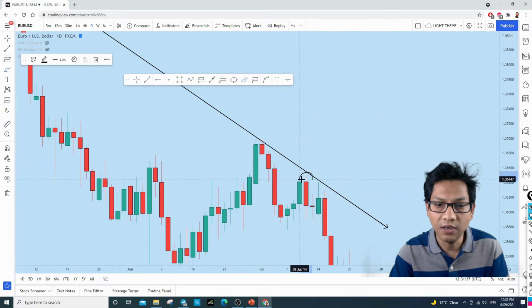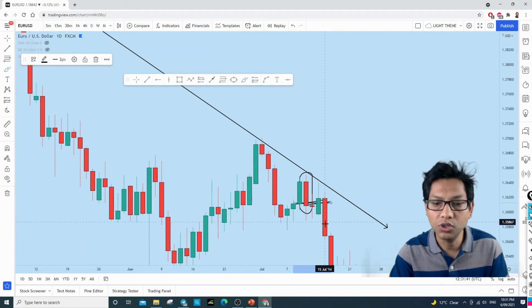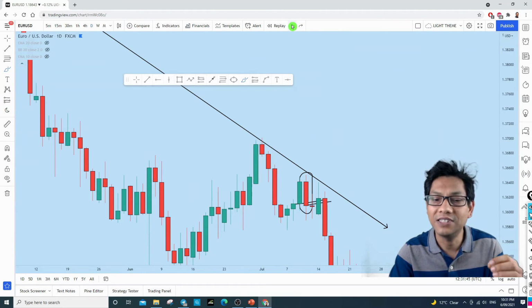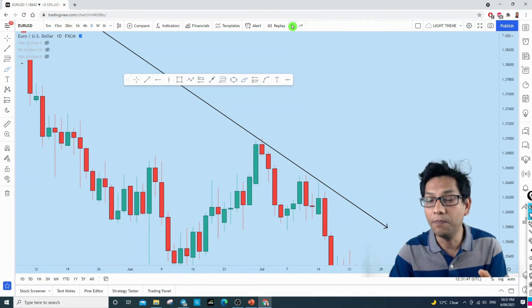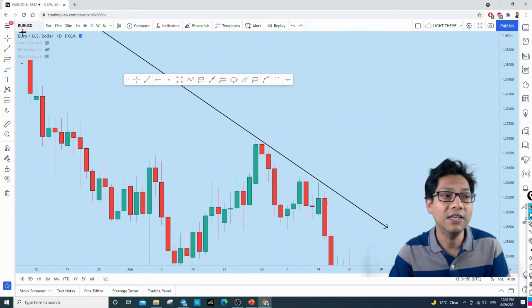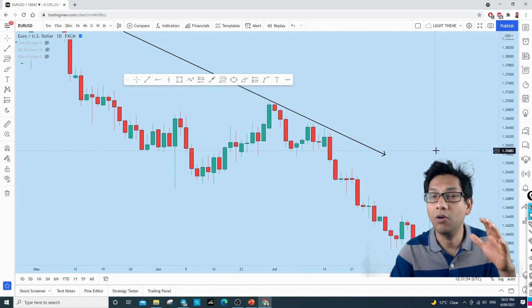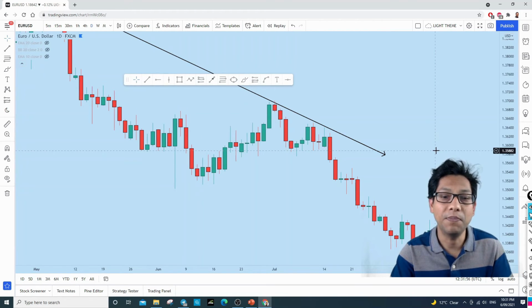Both of these candles closed below the previous day's close. Here also strongly bearish. So when you see a candlestick pattern like this in an important area of value, that is where you can find the high probability trade setup or high probability candlestick pattern.